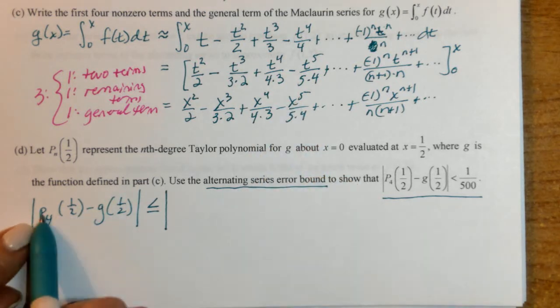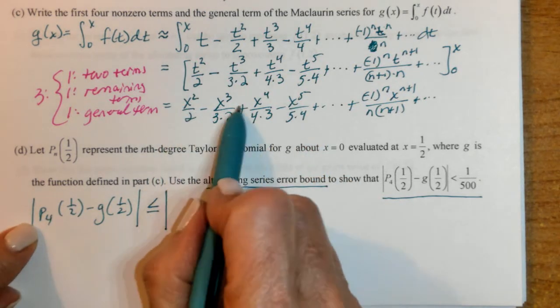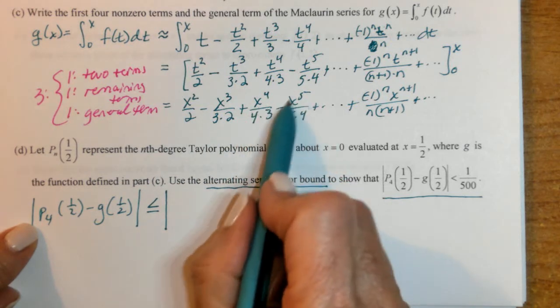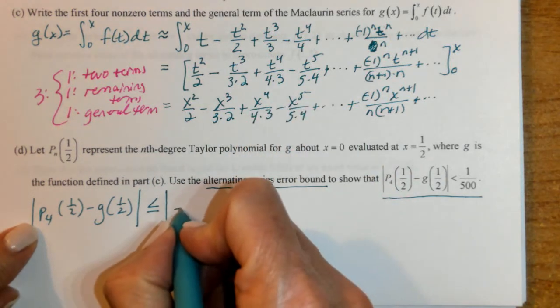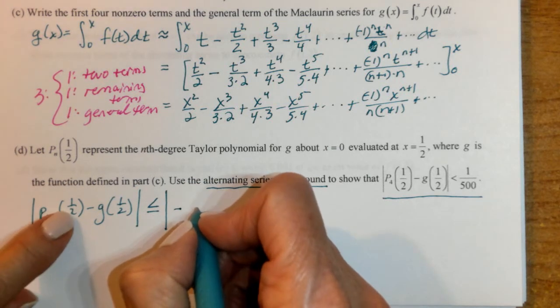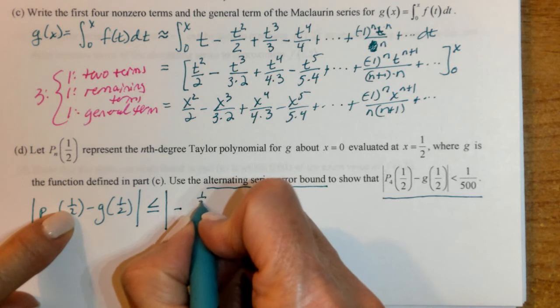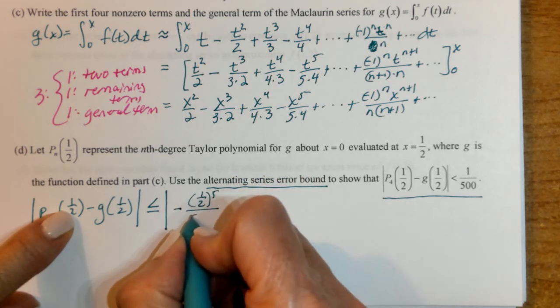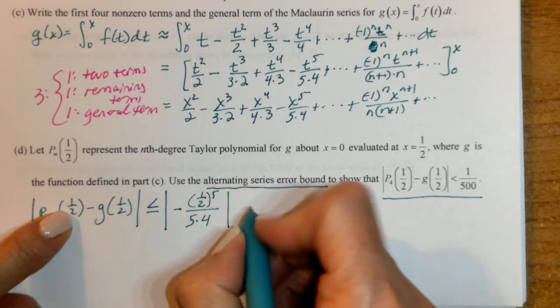Because the 4th degree Taylor polynomial goes up to the 4th degree term. So the first omitted term will be the 5th degree term. So that will be negative x to the 5th over 5 times 4, where x is 1/2. So 1/2 to the 5th over 5 times 4.